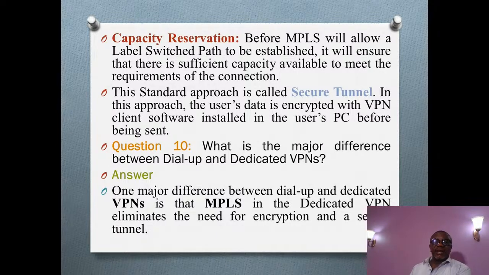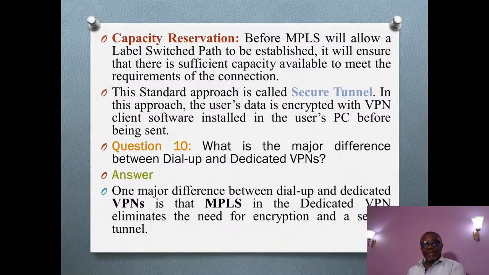This standard approach is called a secure tunnel. You see it as a tunnel that is big enough to carry the data that it wants to deliver. In this approach, the user's data is encrypted with the VPN client software installed in the user's PC before being sent.